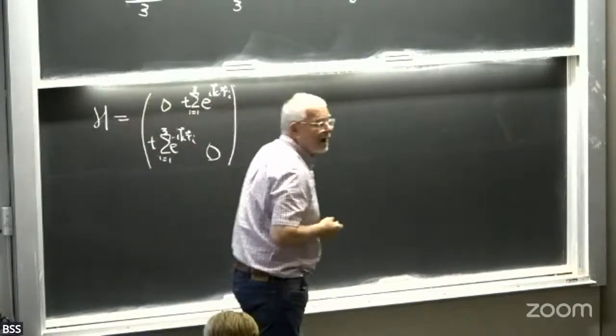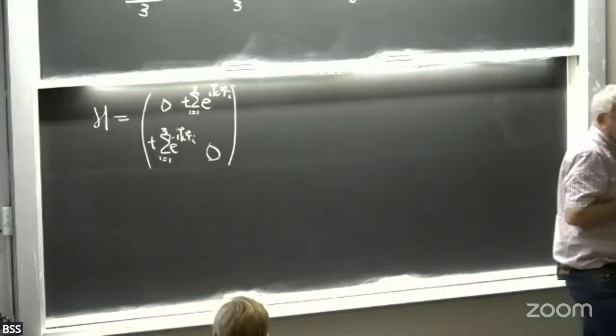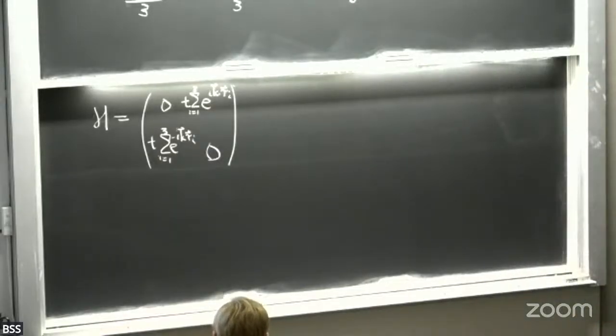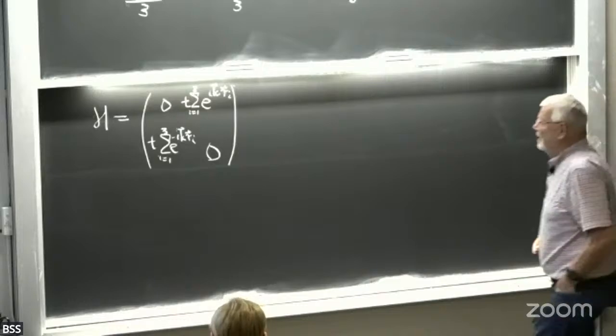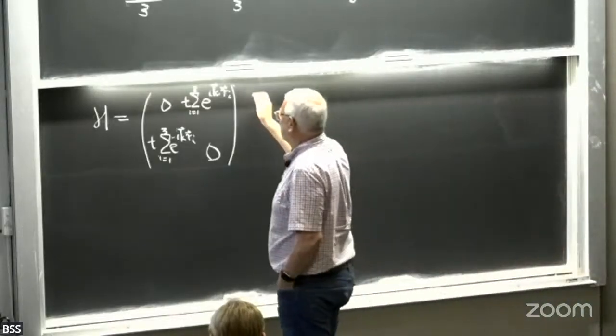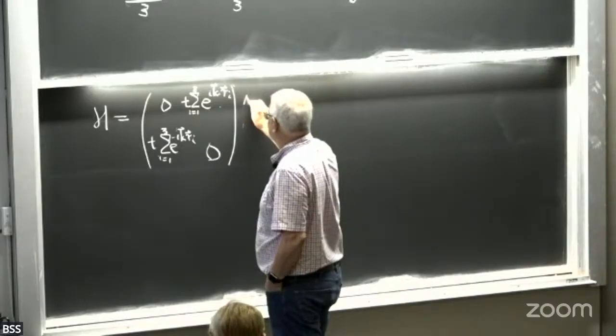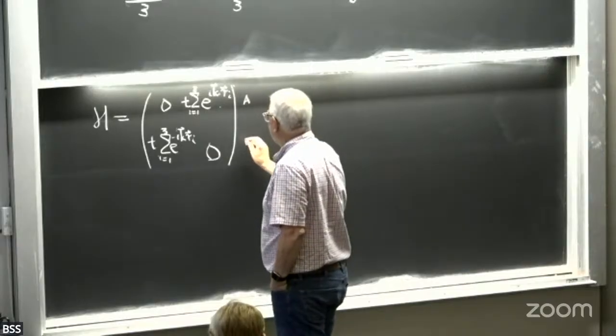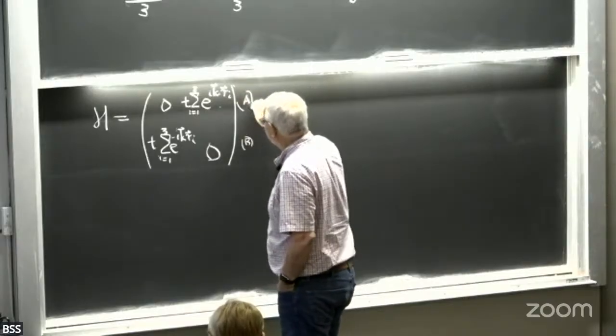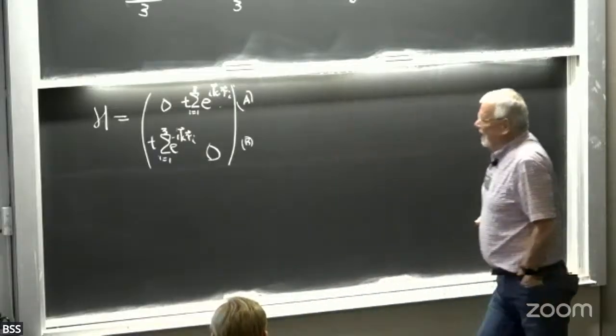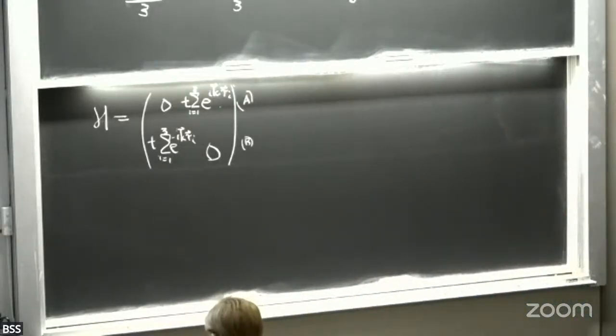And so here's a tight binding model with just nearest neighbor hopping. You'll notice that this is a 2 by 2 matrix, an A sublattice part, a B sublattice part. All the near neighbors of the A's are on the B sublattice and vice versa.